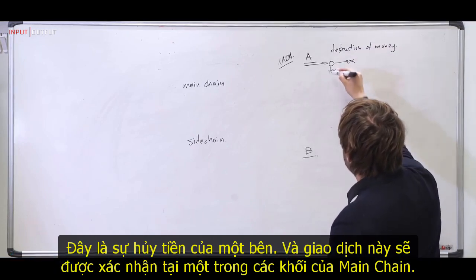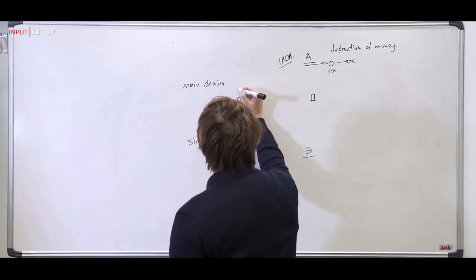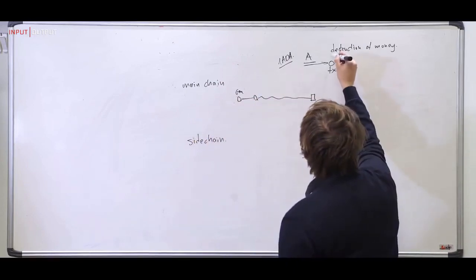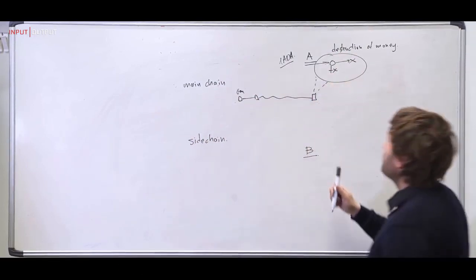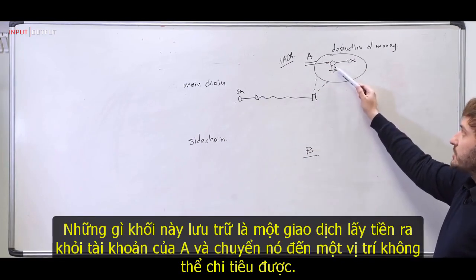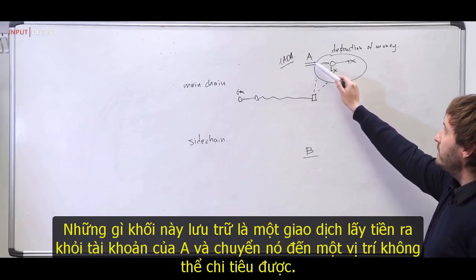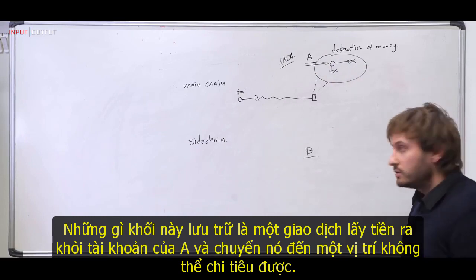And this transaction is going to be confirmed in one of the main chain blocks. So this transaction here is going to be put in here. So what this block stores is a transaction that takes money out of the account of A and moves it into a location that is now unspendable.